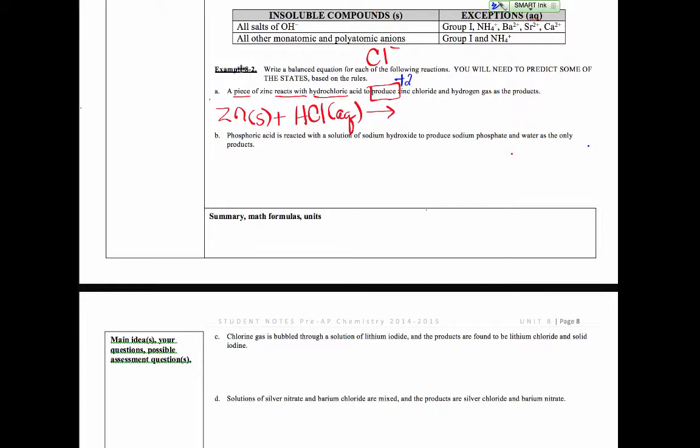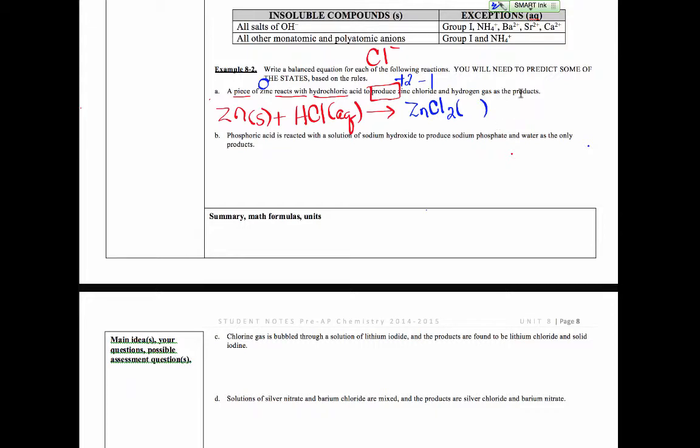When zinc is pure, all by itself, not bonded to anything, it's got a 0 oxidation number. When zinc goes into a compound, it's +2. Chloride will become -1. So the chemical formula for zinc chloride is ZnCl2.